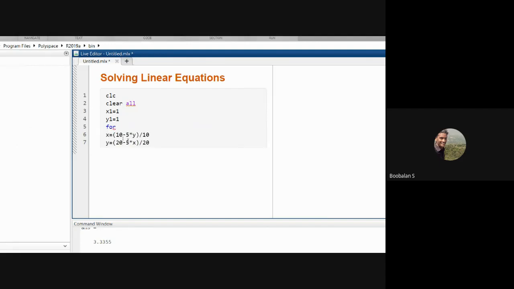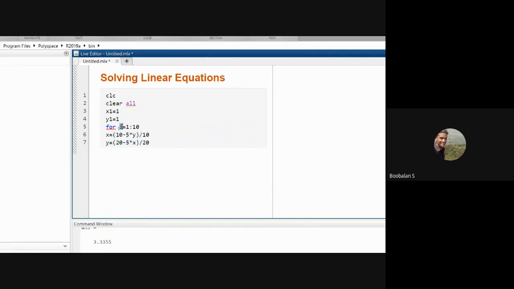In the for loop, I'm going to give the iteration variable i starting from 1 and going to 10 iterations, right? So i initially is 1, and the loop is going to be evaluated 10 times.